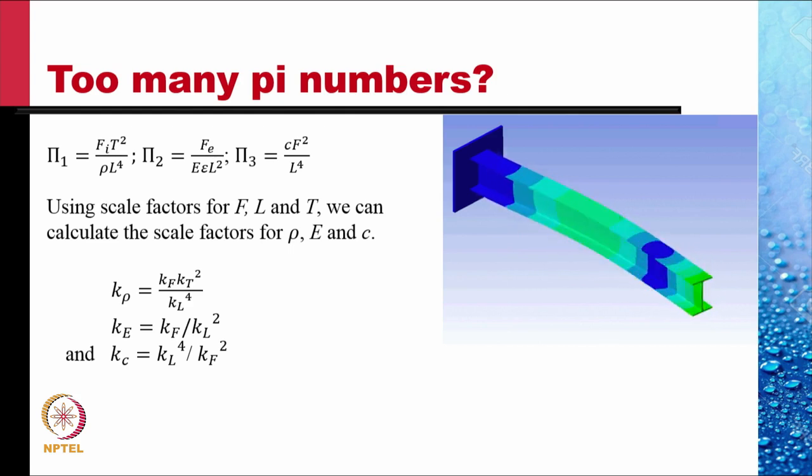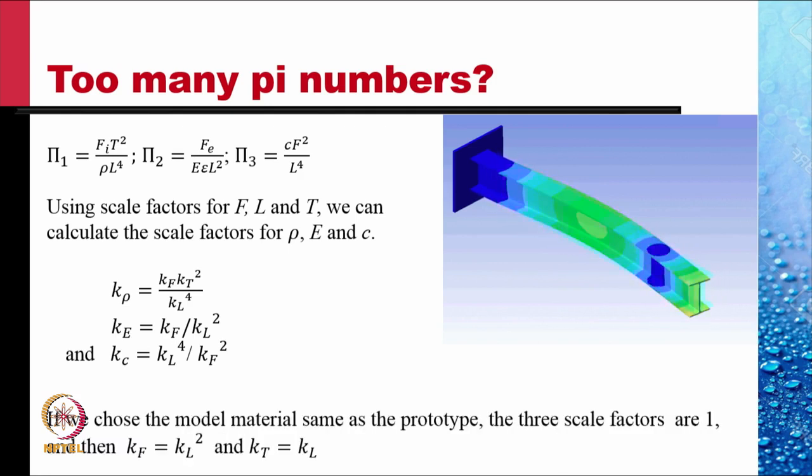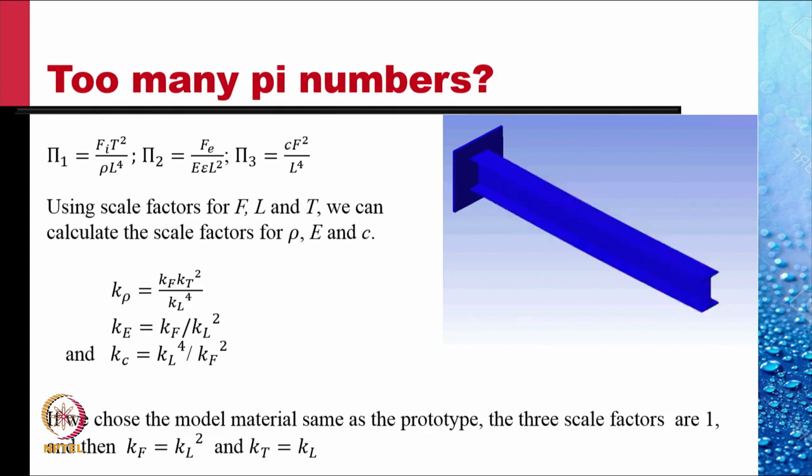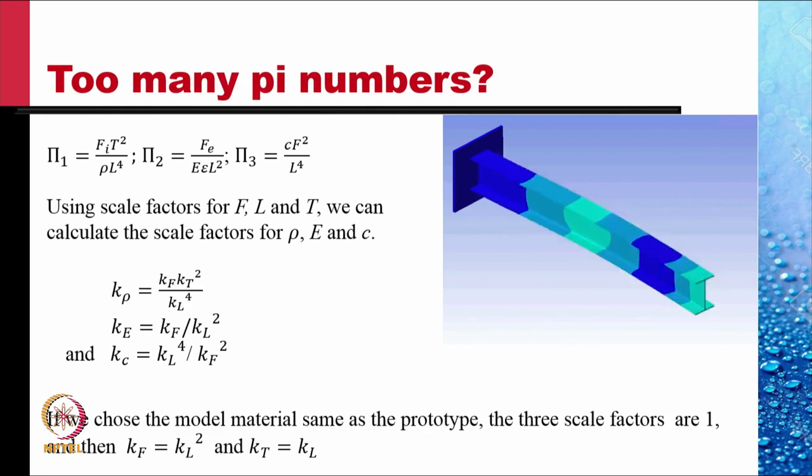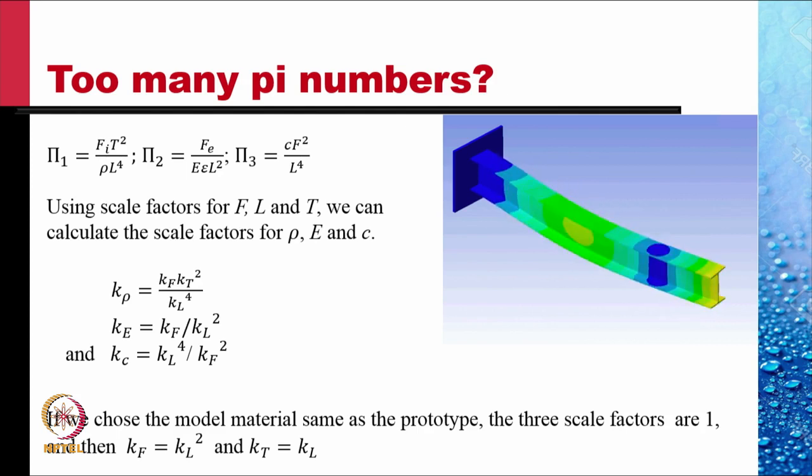And for the damping, Kc is equal to Kl raised to power 4 divided by Kf squared. If we choose the model material to be same as the prototype material, the three scale factors are 1, all of them are 1, and then Kf is like Kl square and Kt is like Kl.